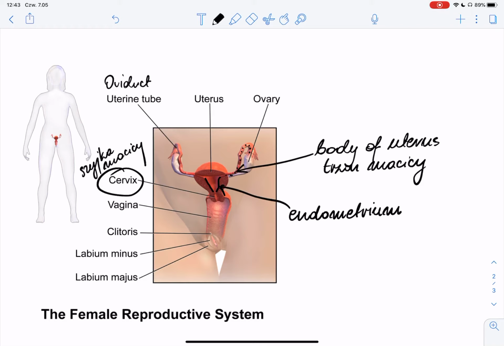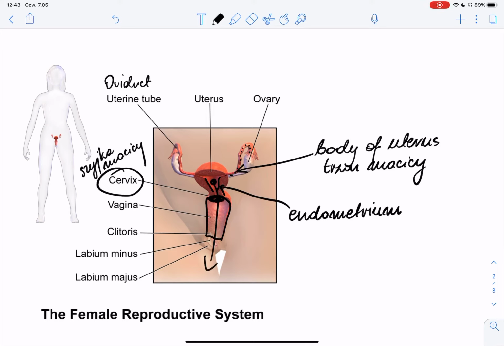The last element of reproductive system is vagina. On the top side, which is here, it's connected with the cervix, and on the bottom side, it exits the body. Vagina allows the semen to be delivered into the reproductive duct and also allows to give birth because if the baby is developing in here, then it will go out this direction.